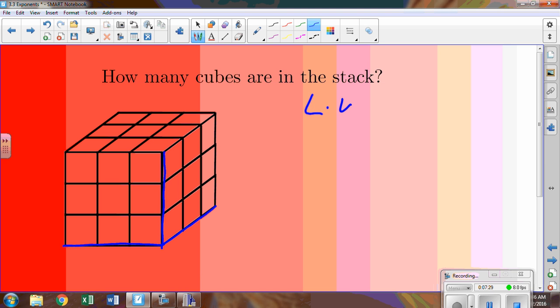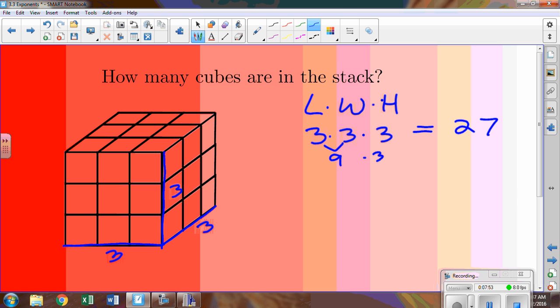And since we're looking at length, width, and height, which are all 3, all we have to do is multiply it out. What's 3 times 3 times 3? 9. 3 times 3 would be 9. 9 times another 3. There would be 27 cubes in that stack.